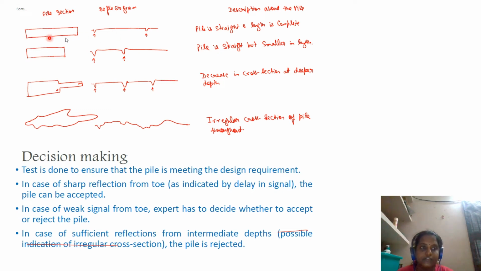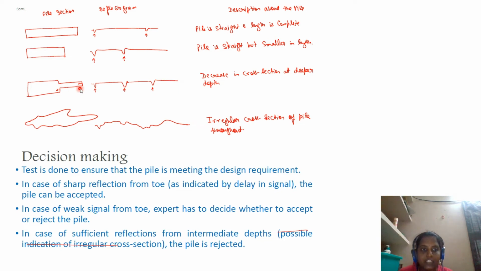This is your pile section, and your reflectogram will give you a graph like this, so you'll be able to analyze that. If the pile is straight and the length we needed is present, it looks like this. If there is a shorter length of the pile, then our graph will look like this. Then we will understand that the pile is not cast to the required depth.